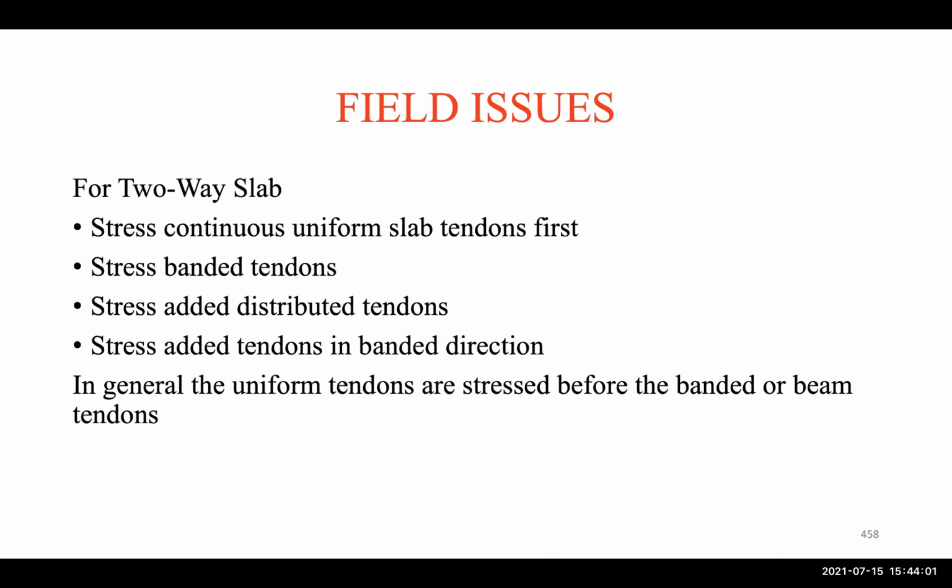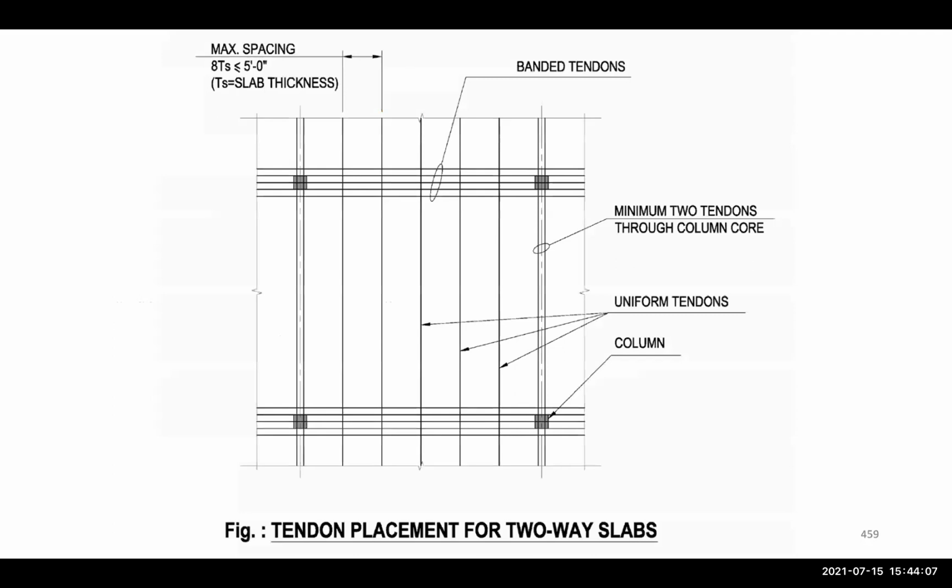And in general, the uniform tendons are stressed before the banded or beam tendons. Okay, so this one shows the banded tendons that we talked about last time, which are concentrated at the column strips, and then in the other direction we have the distributed tendons.